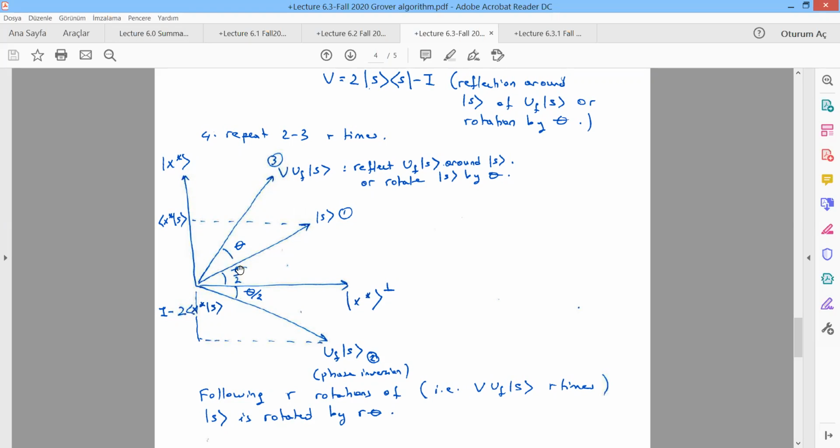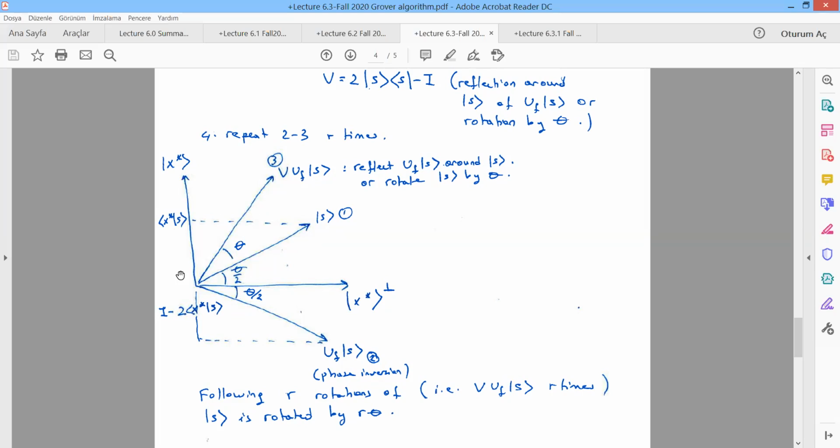In other words, this angle was theta over 2 plus theta over 2, theta. It adds another theta degrees to ket S. So each cycle of this V U sub f brings this state closer to ket x star, right?